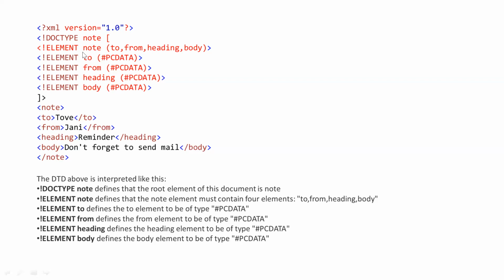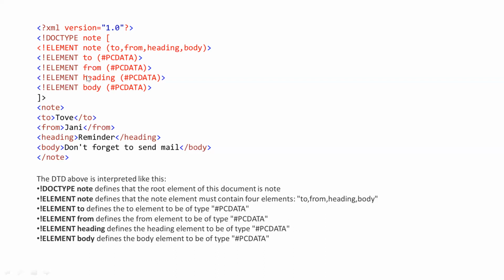In this case, note is the element which has four sub elements, whereas to, from, heading and body are the sub elements. All four elements are going to hold #PCDATA, parsed character data. If you're not aware of the data type, you can mention it as ANY.